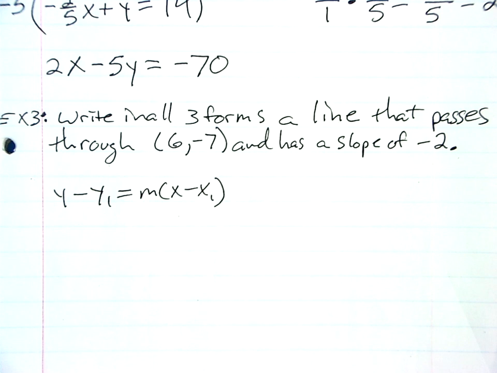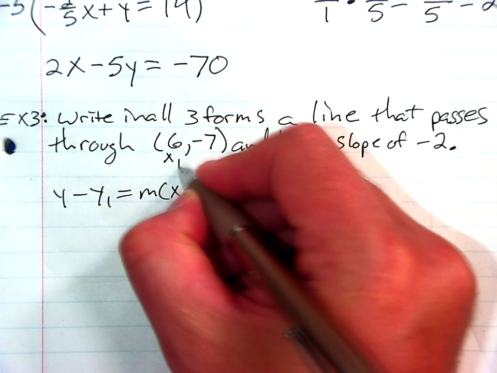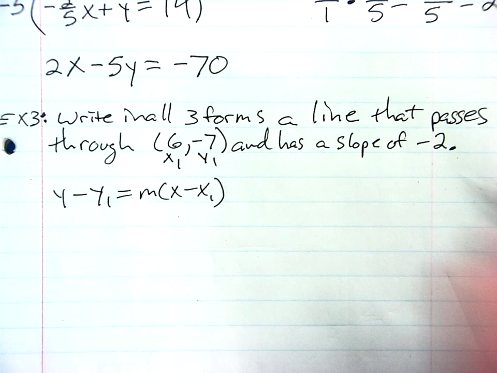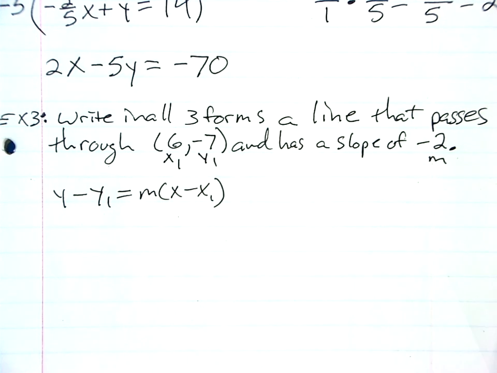All right, I don't want to go too fast. Does everyone have that written? Does anyone need more time to write that? Jojo, are you lying to me? Do you have that written? All right. So now this right here is my x1, that's my y1, and that's my m.